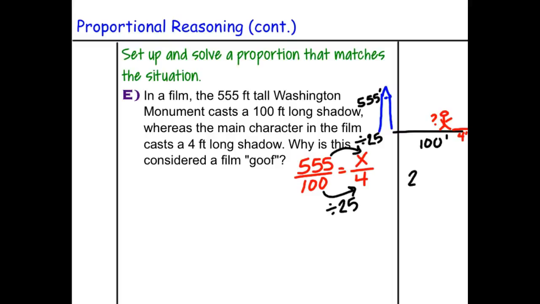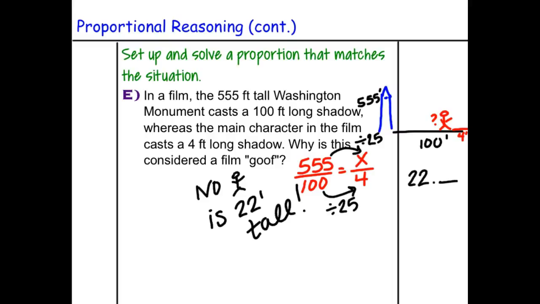So then that means that 25 goes into 55 again twice. This is already saying the person is 22 point something feet tall. Doesn't matter what that point something is. It's considered a goof because no person is 22 feet tall. So I'm going to draw my person so I don't have to write person. Is 22 feet tall. Oh my goodness, that would be a huge person.